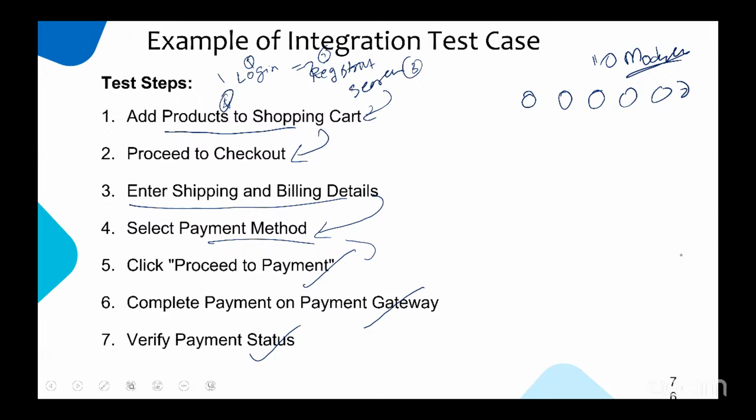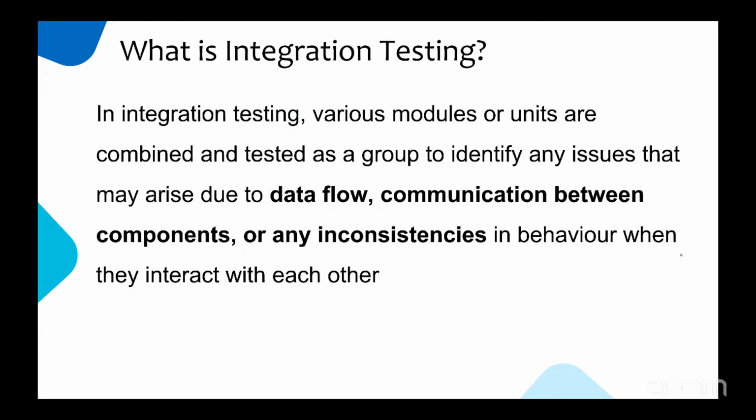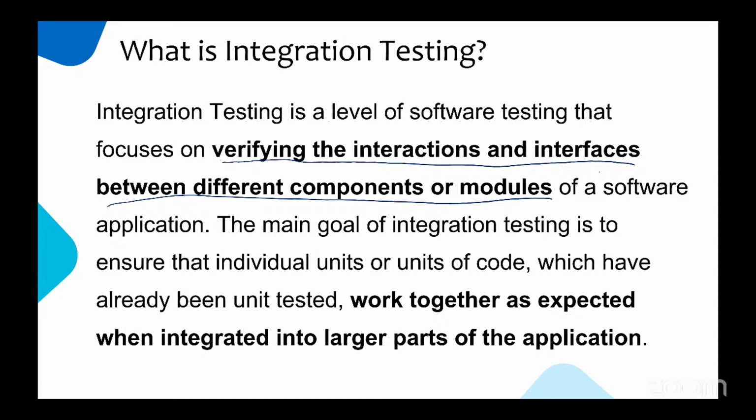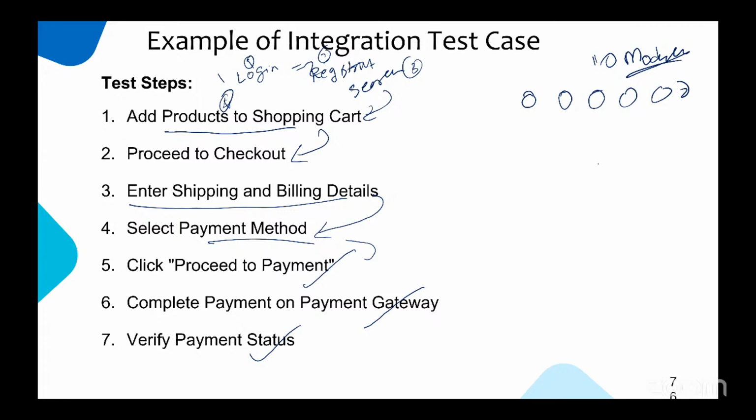So here in the definition, they say interaction and interfaces between different components or modules. Usually we say modules, tech guys will say components. Both of them are the same.